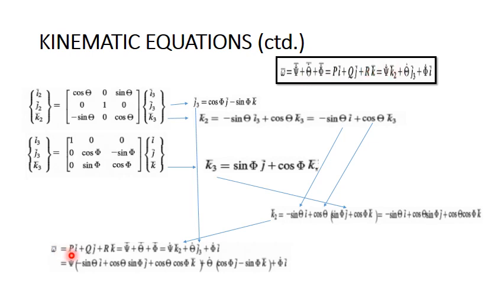So omega equal Bi plus Qj plus Rk equal psi dot plus theta dot plus phi dot.